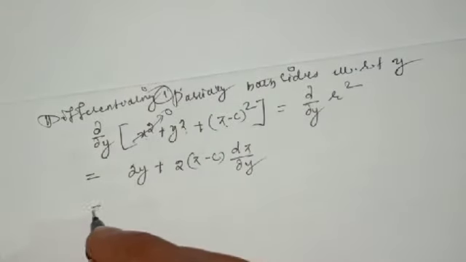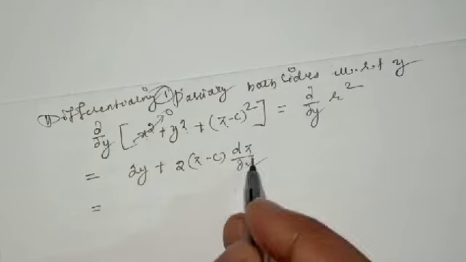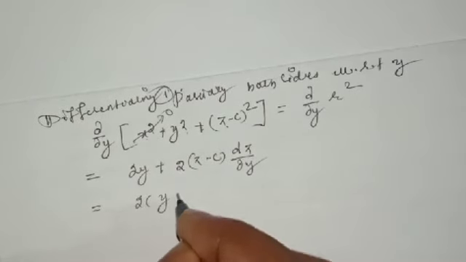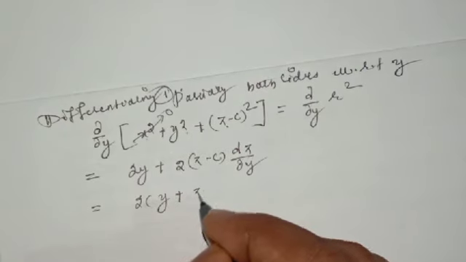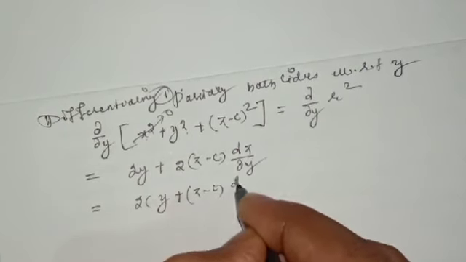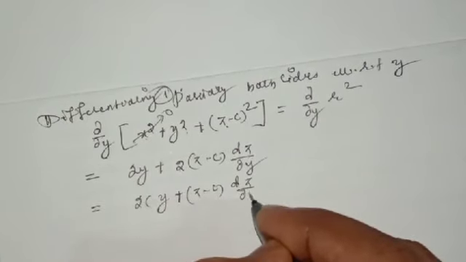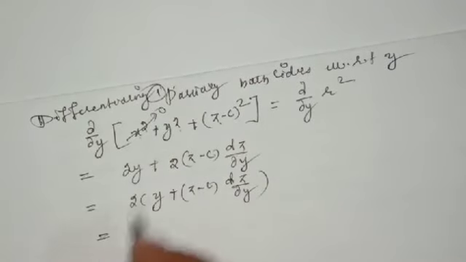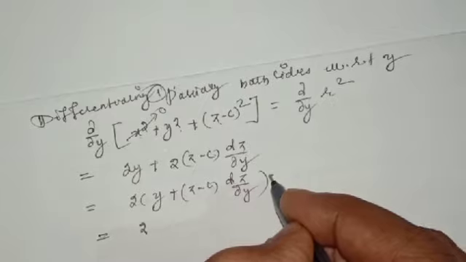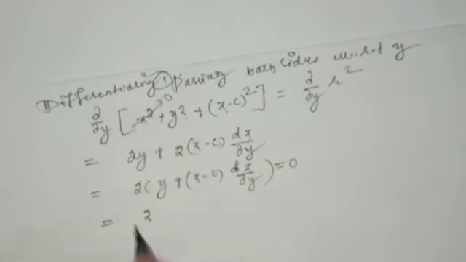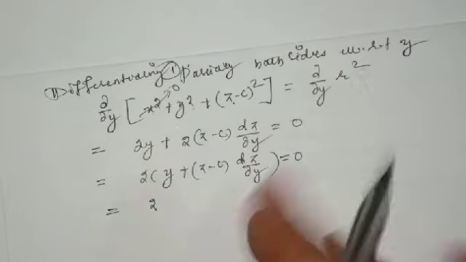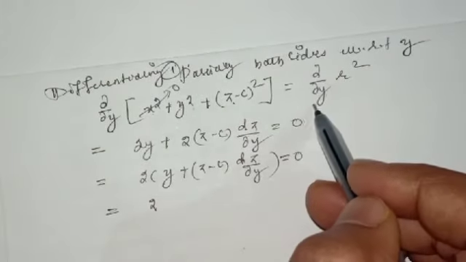So now what is next? From this function we have 2 as a common. We will have y plus (z minus c) and del z by del y, and this is equal to 0, because the derivative of r square is 0.